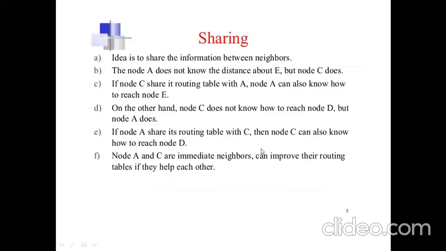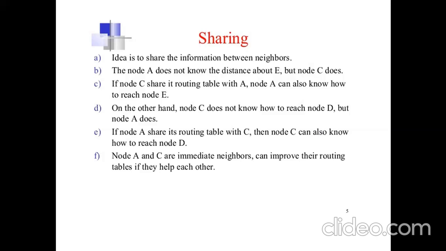Here the basic idea is to share the information between the neighbors. Node A does not know the distance to E, but node C does. If there is an intermediate node, I don't know about the direct connection, but the intermediate node knows the distance to E between its neighbors. So it will share the information with all the neighbor nodes, but it will not broadcast to all the nodes.